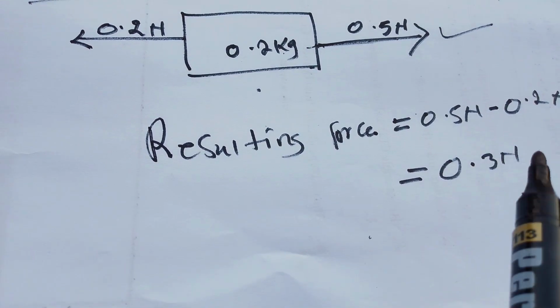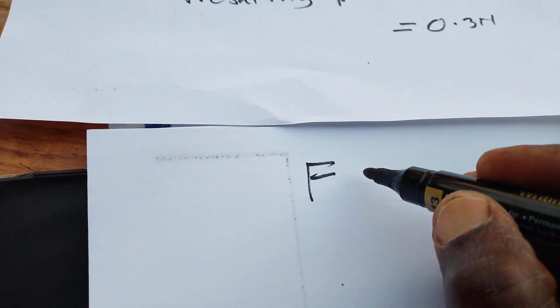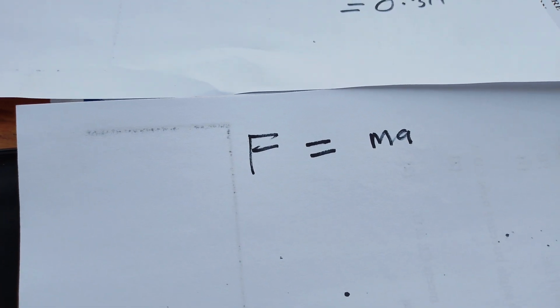From here, we apply the formula from the first laws of motion. We can recall that F is equal to ma, where F is the force, m is the mass, and a is the acceleration. So we are finding the acceleration.